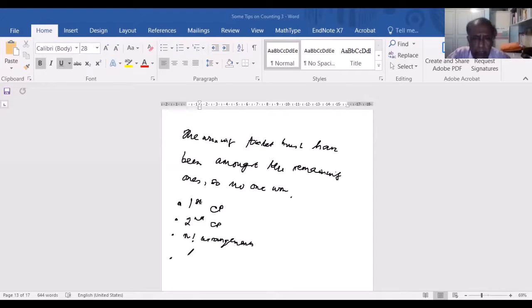And then if you want to take r objects at a time, we saw that you're going to have this, which is a fancy way of writing n times n minus 1 all the way to r factors.